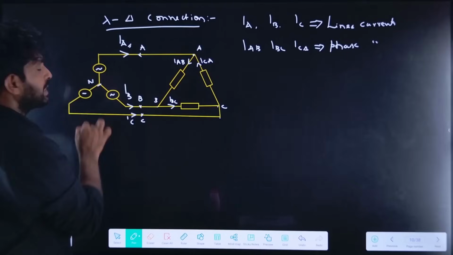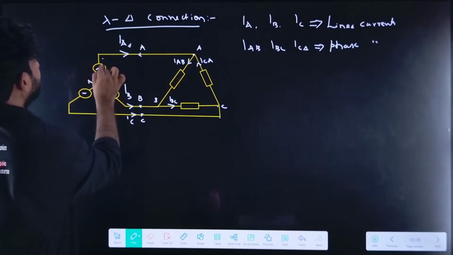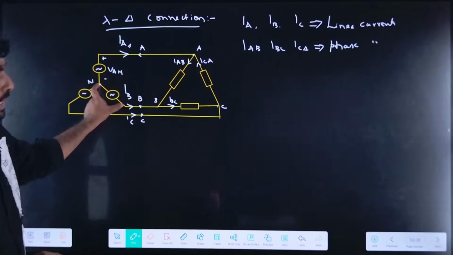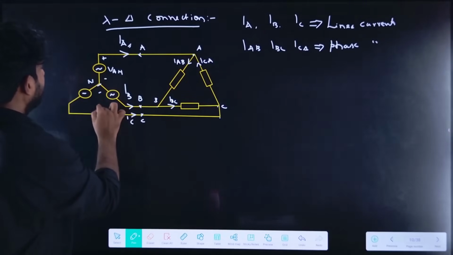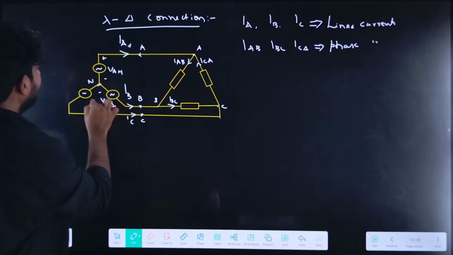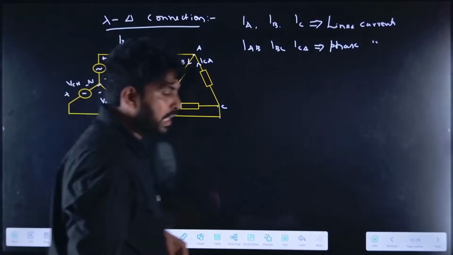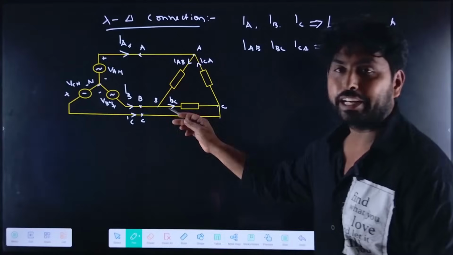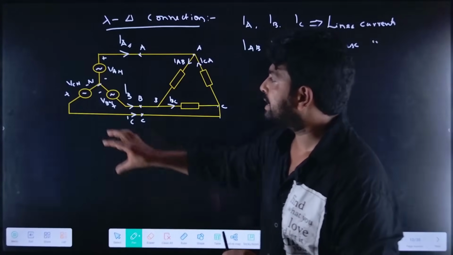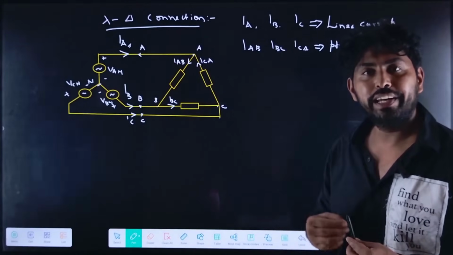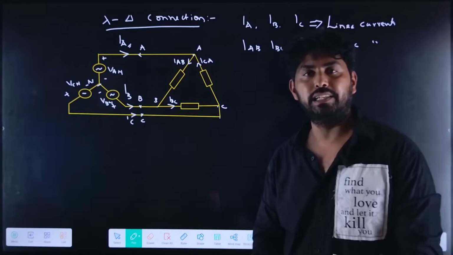Now what are these voltages? If I mark this as N, it is VAN, this is VBN, and this is VCN. If you observe this circuit, the star connected source is connected to the delta. Now we need to find the line currents and phase currents.